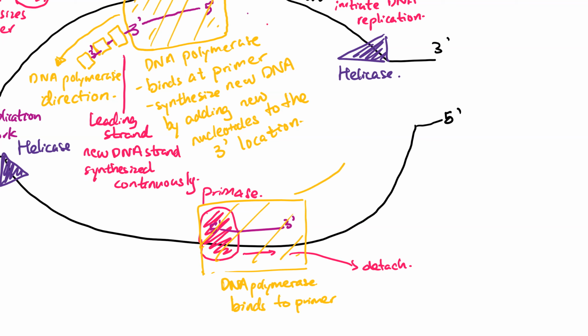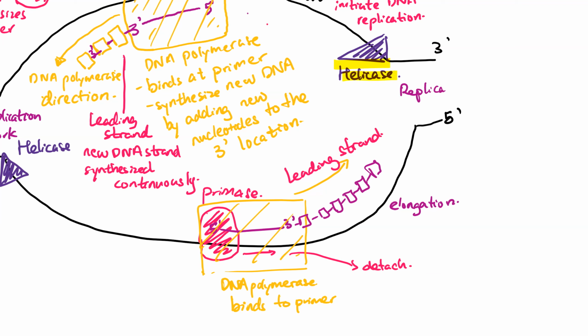And it will start moving in the opposite direction from 5' to 3'. Right? So newly synthesized DNA is going to elongate in this direction. So this is also the leading strand, because this DNA polymerase is going to move in the same direction as this helicase over here. Right? Here's the replication fork.